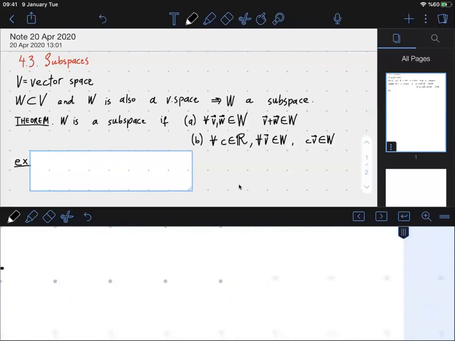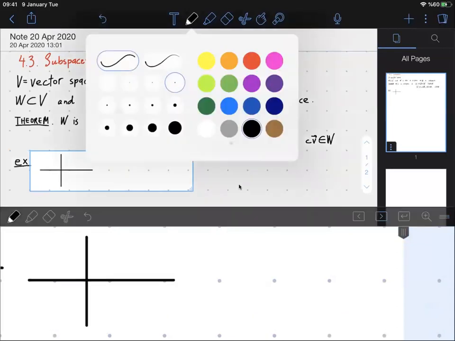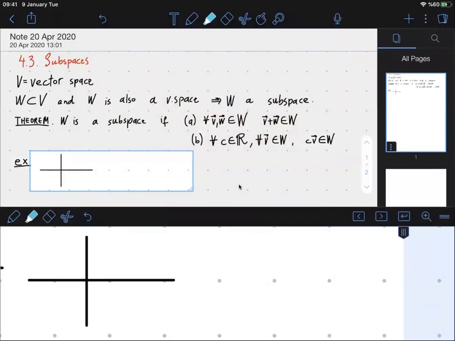Let me try to make this bigger. We took R2, the plane. If you remember, we looked at the right portion of this plane. We asked whether this part is a subspace of R2, okay?